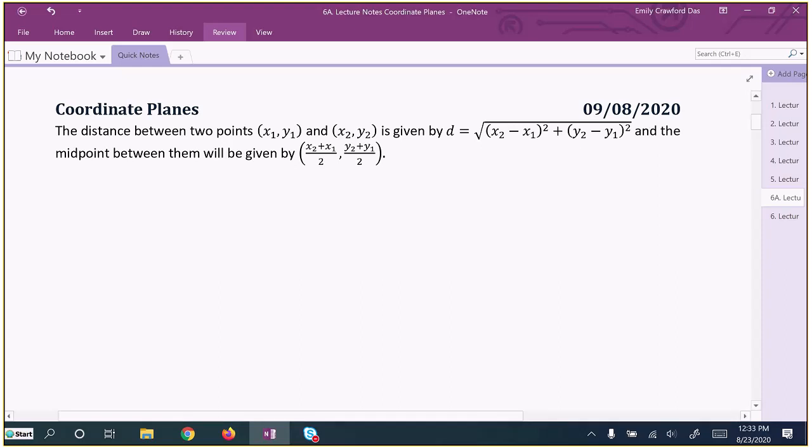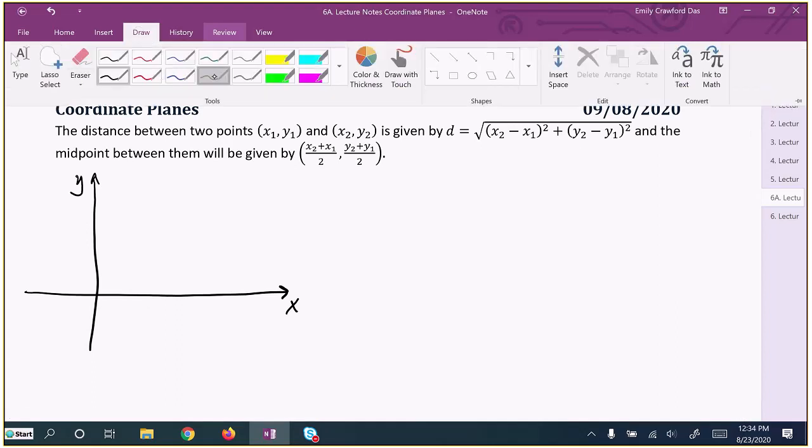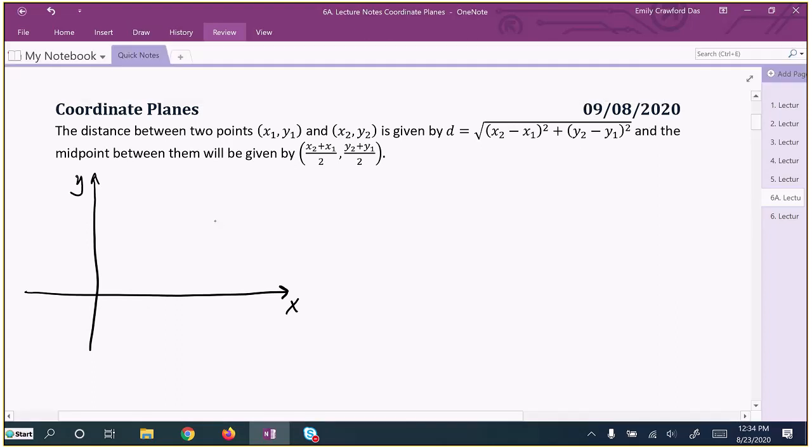But we have here the distance between 2 points, x1, y1, and x2, y2 is given by d equal to the square root of x2 minus x1 squared plus y2 minus y1 squared. So let's imagine our coordinate plane. Say we have x-axis and y-axis, and I have any 2 points here in the plane.